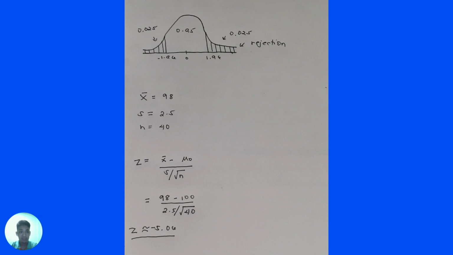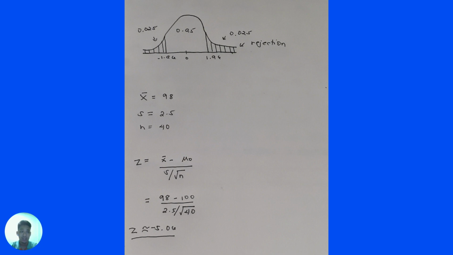We have to take note of our given. We have an x bar of 98, a standard deviation of 2.5, and a sample size n equal to 40. Using the z value formula, we calculate the z value. z is equal to x bar minus the hypothesized mean, mu sub 0, over s over the square root of n.